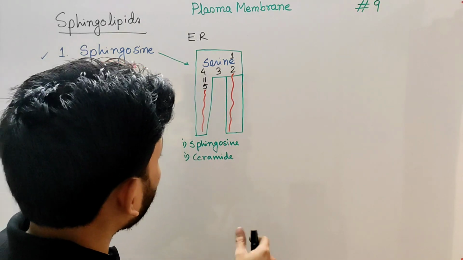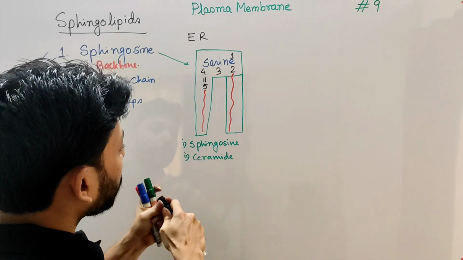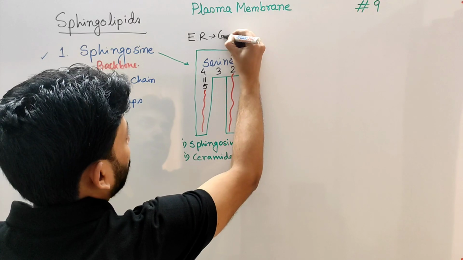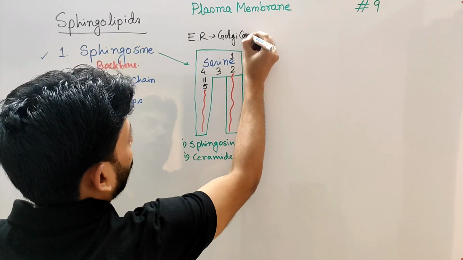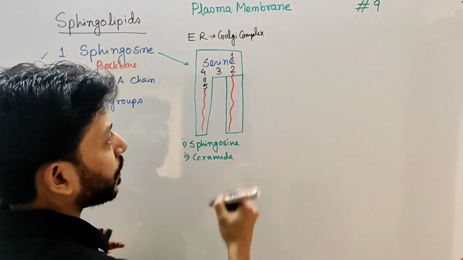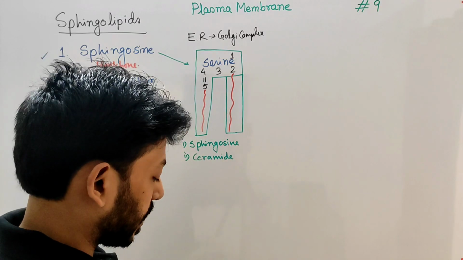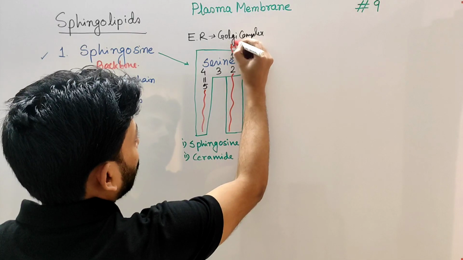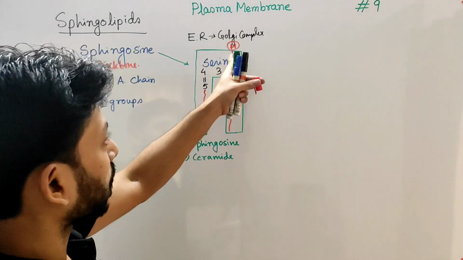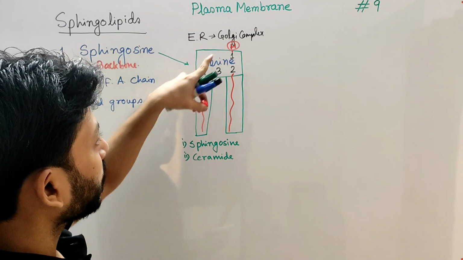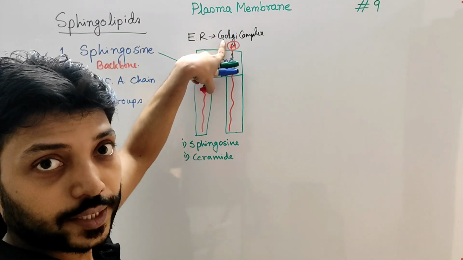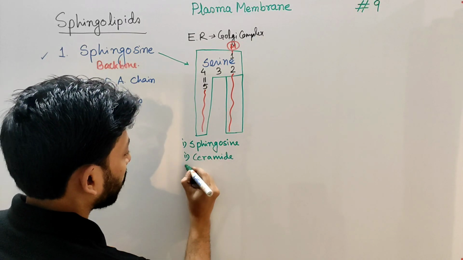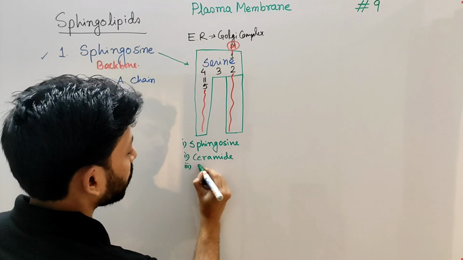And when ceramide is made, these ceramide molecules are transported out from the endoplasmic reticulum to the Golgi complex. In the Golgi complex there are some enzymes that attach a head group with the first carbon. So the head group is attached with the first carbon of serine, this reaction occurs in the Golgi complex, and ultimately in the third step we get sphingolipids.